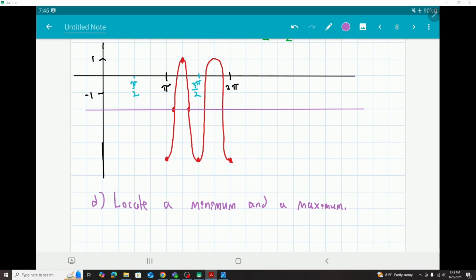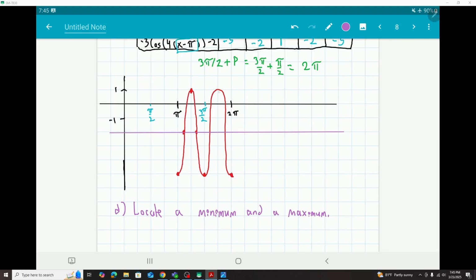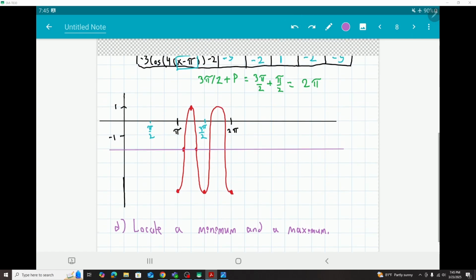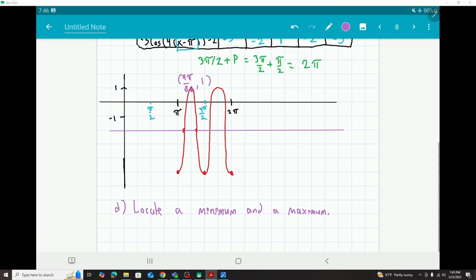And so if I want to find a maximum, that's always like one of these biggest points. So here's a maximum at, you know what? I don't want to figure that one out. So let's use the one we already have, which is 9 pi over 8, comma 1. So there's a max at 9 pi over 8, comma 1.